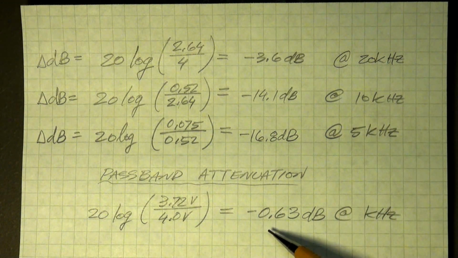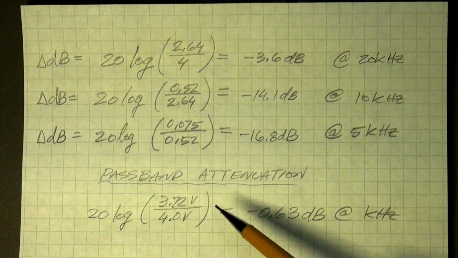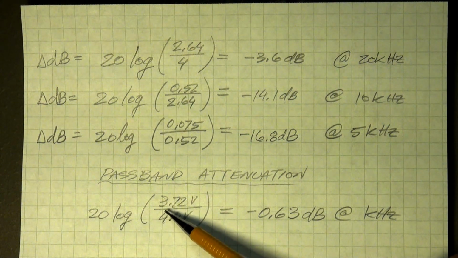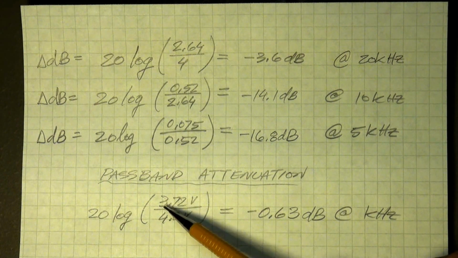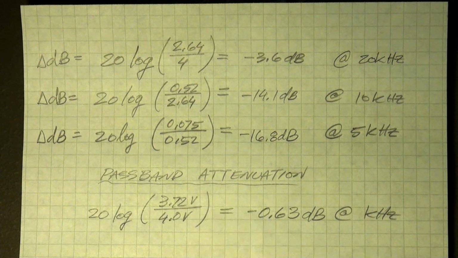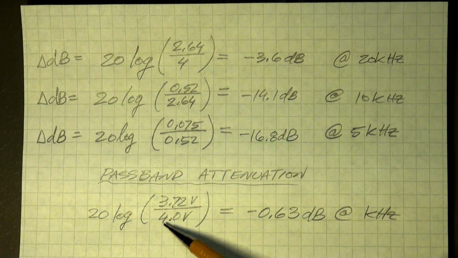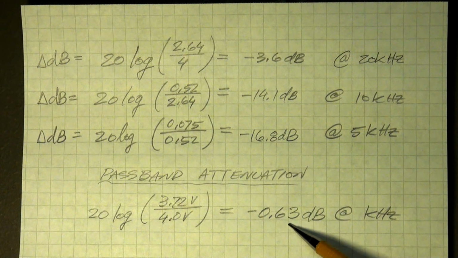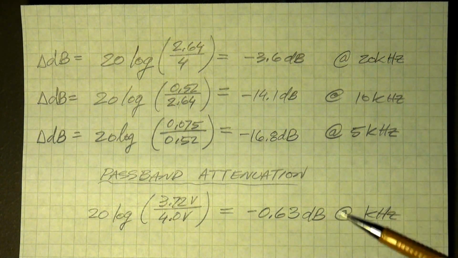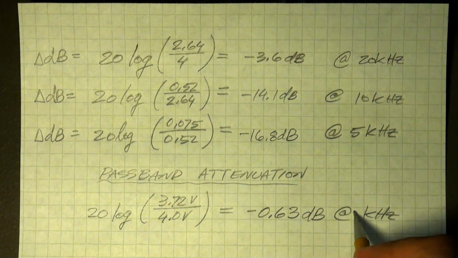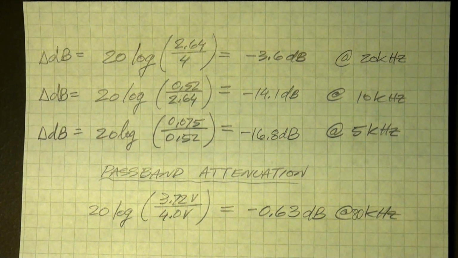Now, the passband attenuation. I get a little bit of a passband attenuation. So at 80 kilohertz, which is well within the passband of the filter, the peak-to-peak output is 3.72 volts versus an input of 4 volts, which gives me an attenuation of minus 0.63 dB. That's at 80 kilohertz.